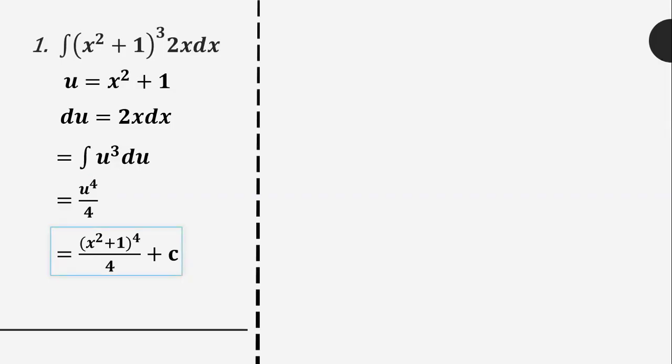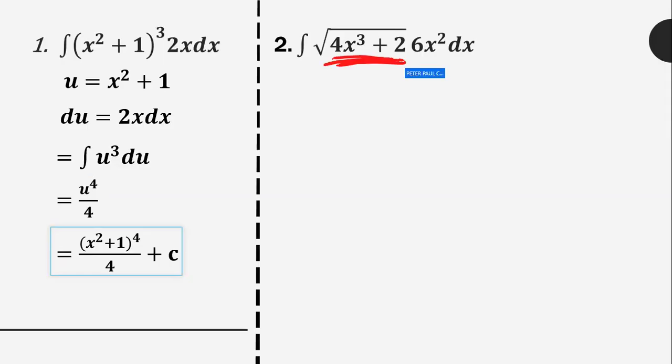number 1? Let's proceed now to the second example. What if you have the integral of the square root of 4x cubed plus 2, 6x squared dx? So notice that this is our initial function. And then we can make this function as an exponential.